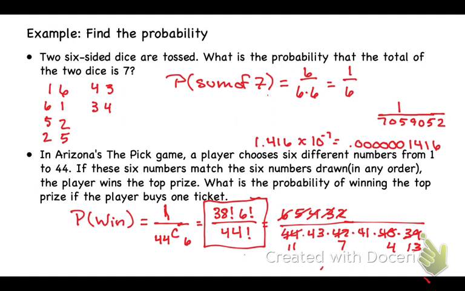So one time I had a class, they're like, I'm going to win it once and then I'm going to buy all those tickets. Okay, so if you do, 44 choose 6 is 7,059,052 tickets. So you're going to buy that many. I don't even play the lottery, but I think they draw it twice a week.